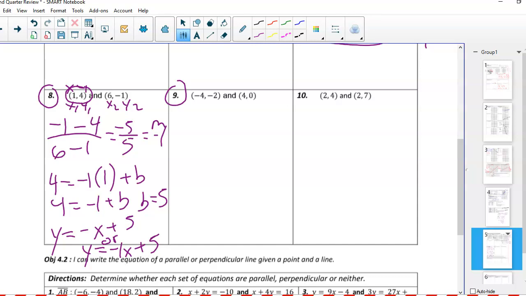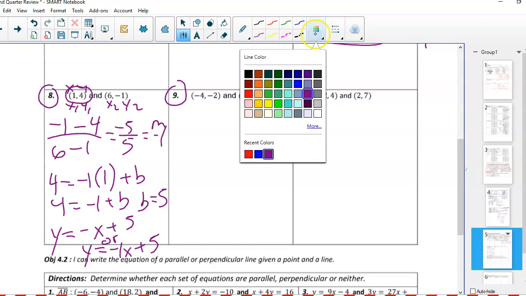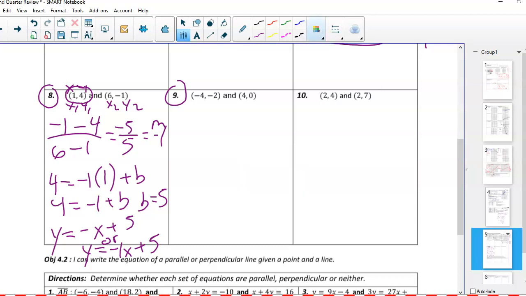Same thing for 9. We need to find our slope and our y-intercept, so we need to find our slope first. So 0 minus -2 over 4 minus -4. Plus 1 over 4, because it's 2 over 8.